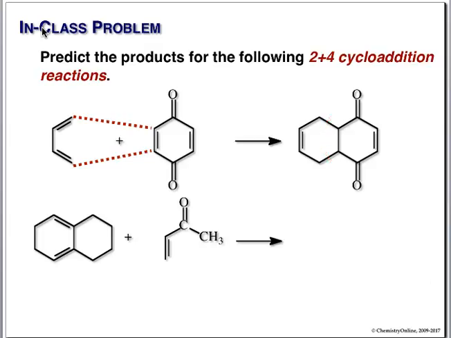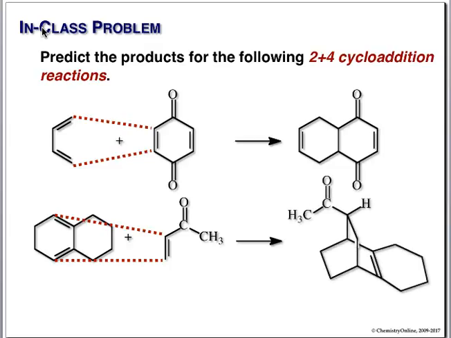So it's going to look like this. So our dienophile is going to be sitting on top of this ring, isn't it? Now how do we draw this? Again, it's a bicyclic system, and it's going to look like that.